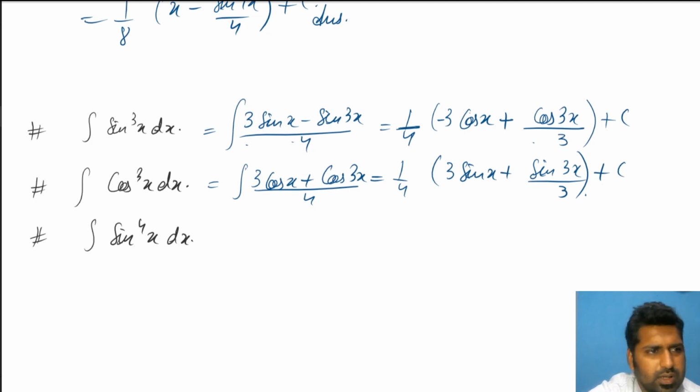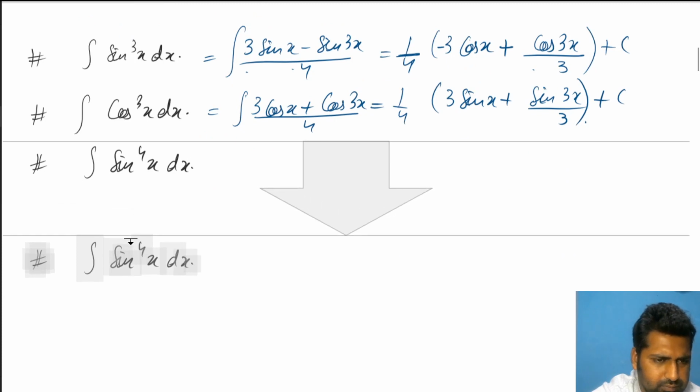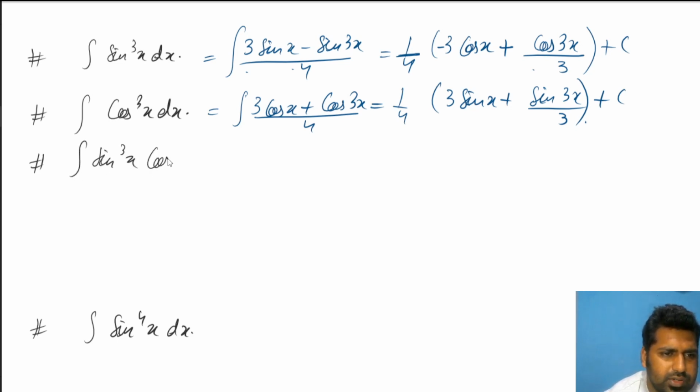All right. I'll introduce one question here. Remember we just combined sine square cos square. Now we can combine sine cube and cos cube also. What if this is a question?